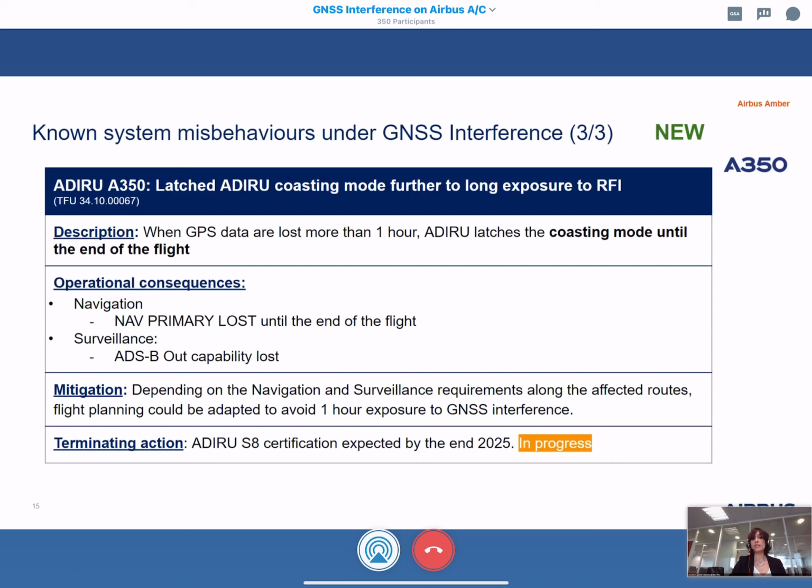As mitigation, depending on the navigation and surveillance requirements along the affected routes, flight planning could be adapted to avoid 1 hour exposure to GNSS interference, even if we know that in many cases for some customers, this is not easy. The terminating action is the ADRU S8, for which certification is expected at the end of 2025. This is in progress.